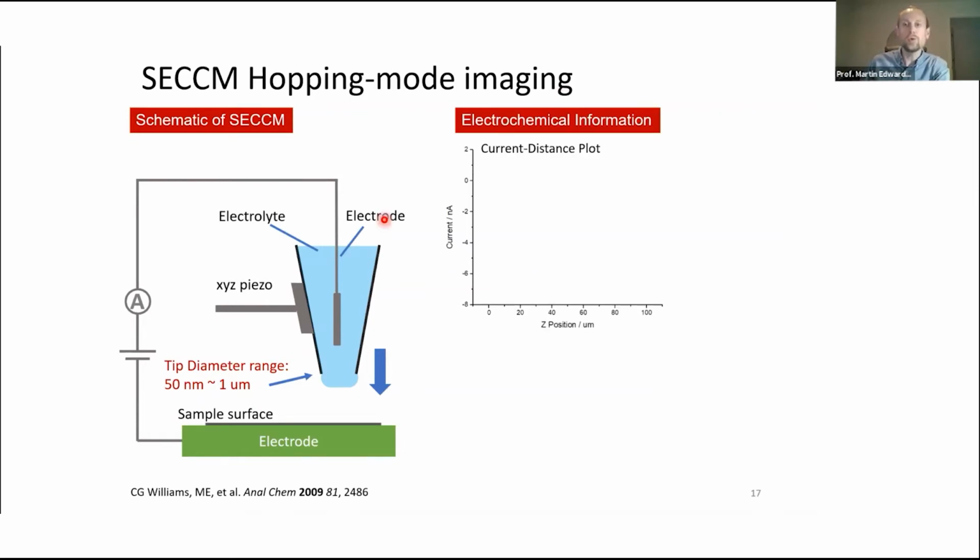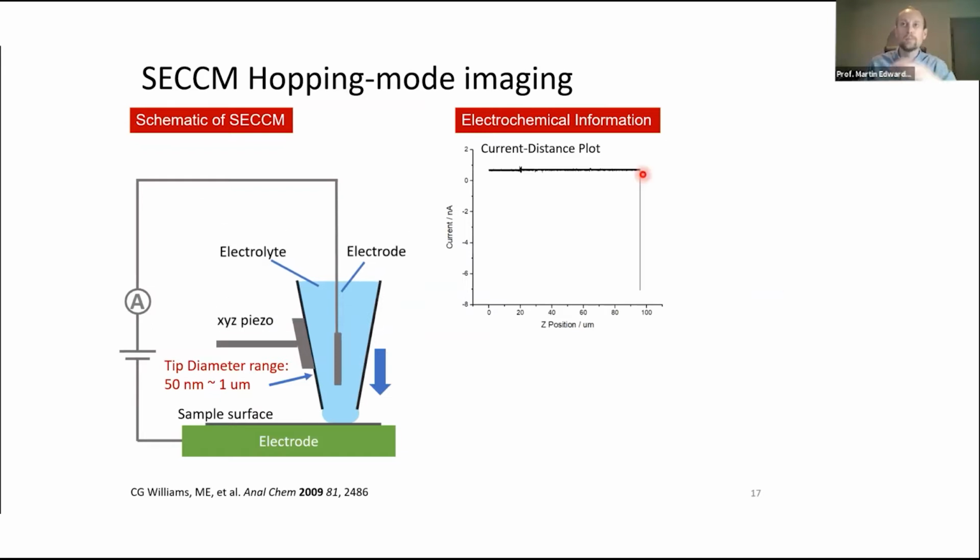Well, I'm going to show you up here real data of what happens. We get this is current on the y-axis and position on the x-axis. We move the tip down, and the second we complete the circuit, we get a current. And the instrument stops the pipette approaching the surface more.